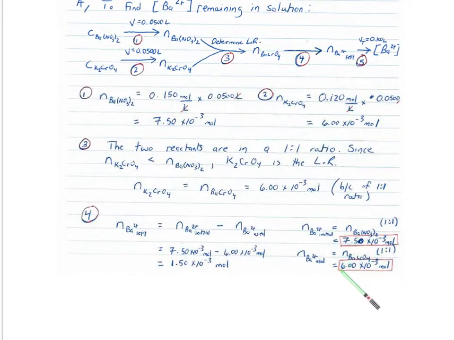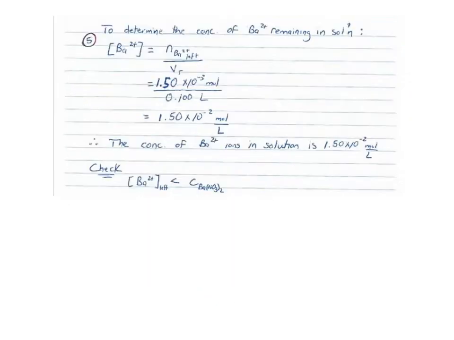The number of moles of Ba2+ used is just equal to the number of moles of the barium chromate precipitate that were produced. And that was the value that was calculated up here. And again, it's because everything is in a 1-to-1 ratio that this holds true. And so I can subtract these two values and get the number of moles of Ba2+ that are left to be 1.50 times 10 to the minus 3.